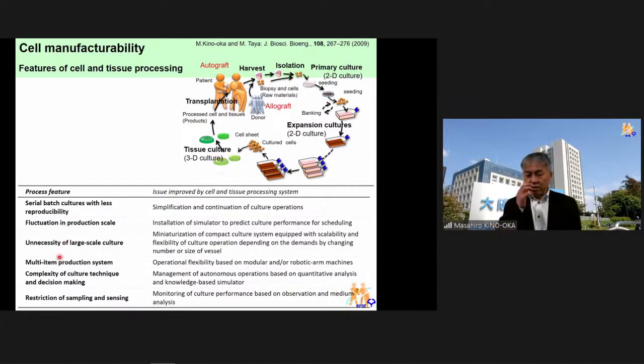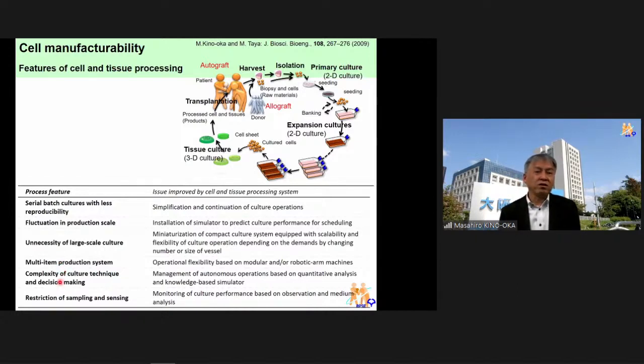And also, compared to bacterial culture, it's not such a large culture scale. Bacterial culture, for example, exists at 1 cubic meter, but in our case, less than 10 liters. Sometimes we need a multi-item production system for the patient, bone, skin, something like this.